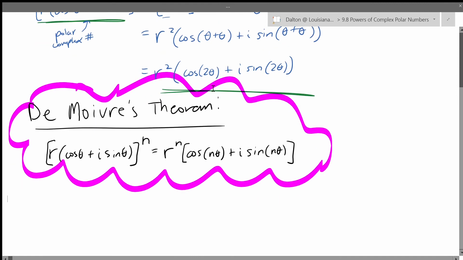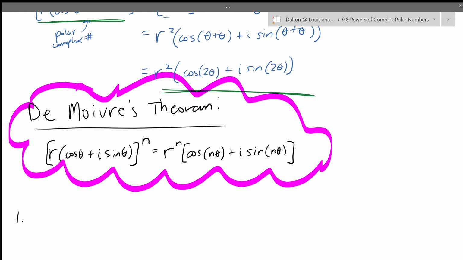So let's do a couple of examples. The directions are going to be the same for all of them, so let me just type them. Simplify each expression below.